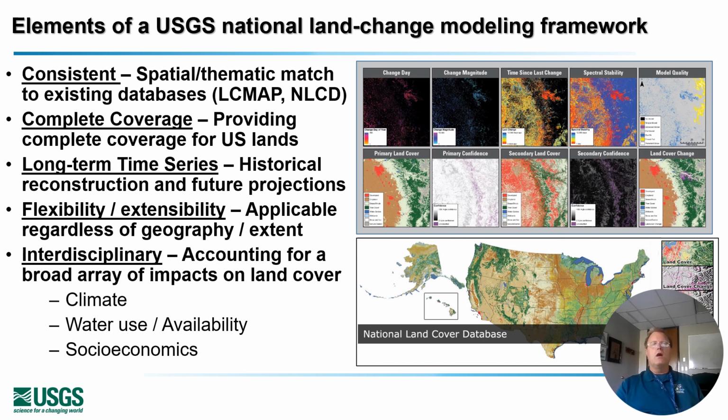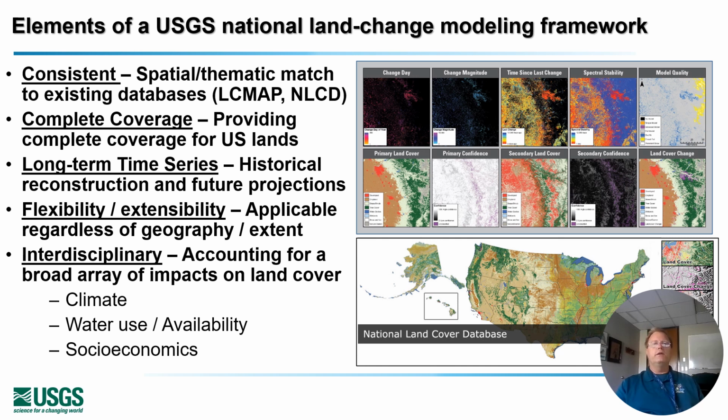We wanted a long-term time series, so again, that long-term historical reconstruction and future projections, something that allows us to look at something that is long-term, such as climate change impacts. It had to be an approach that's flexible and extensible. The geography of the U.S. is very broad and very variable and distinct, and so we needed an approach that worked regardless of geography, regardless of the extent that we're looking at.